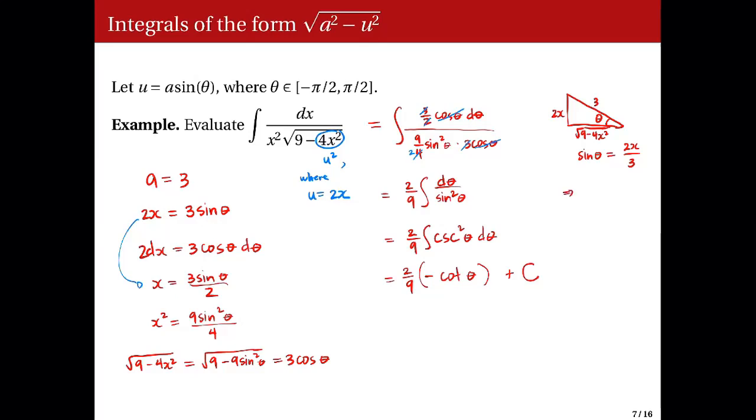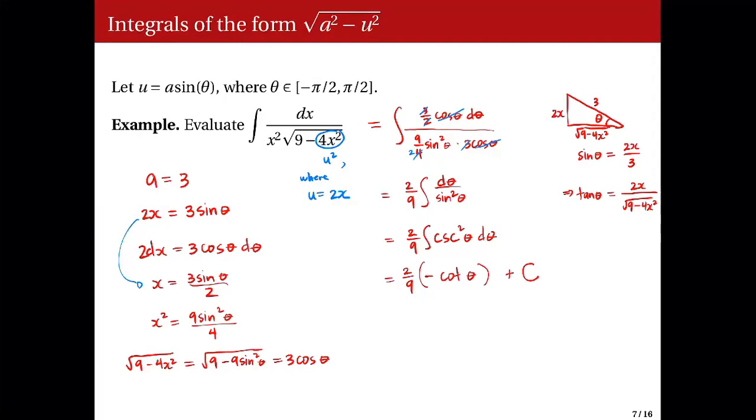This implies that your tangent theta is opposite, that's your 2x, over the adjacent, square root of 9 minus 4x squared. We need cotangent, so we just need the reciprocal for this.